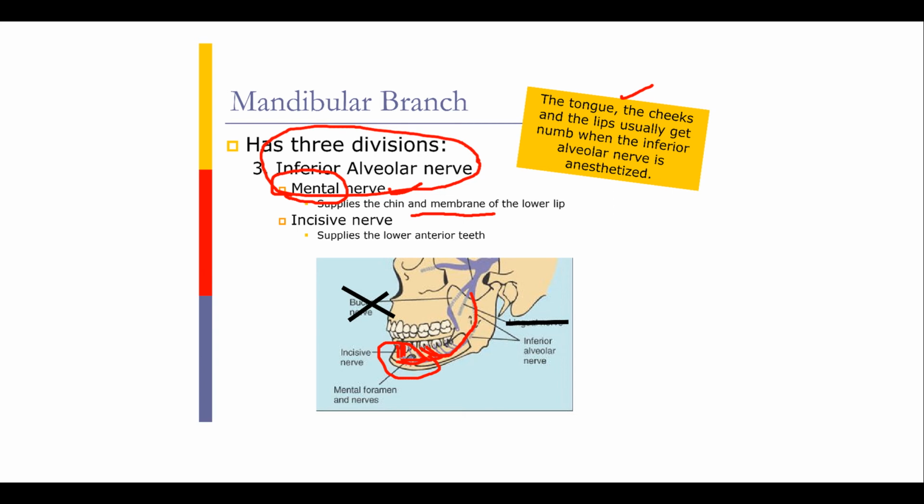You might bite your tongue. If you've ever had work on your upper teeth, you probably didn't have that sensation, because when we inject in the upper arch, it does not get the tongue and the lip numb typically, or the lower lip at least, typically. So the tongue is innervated from the mandibular branch.